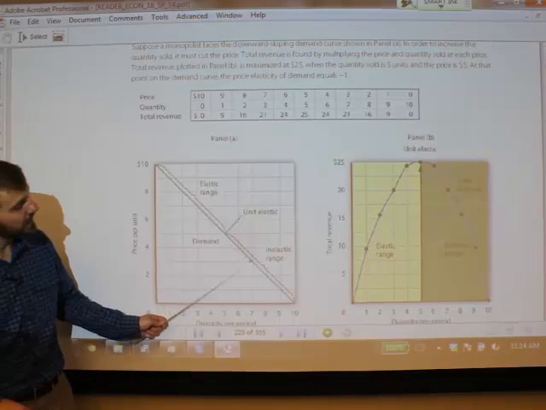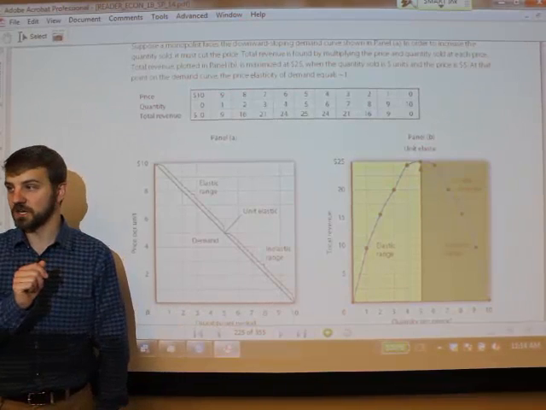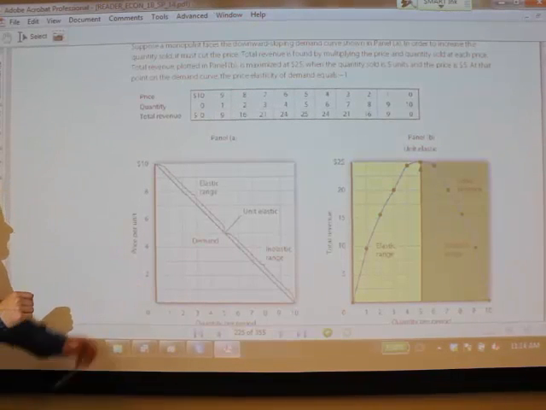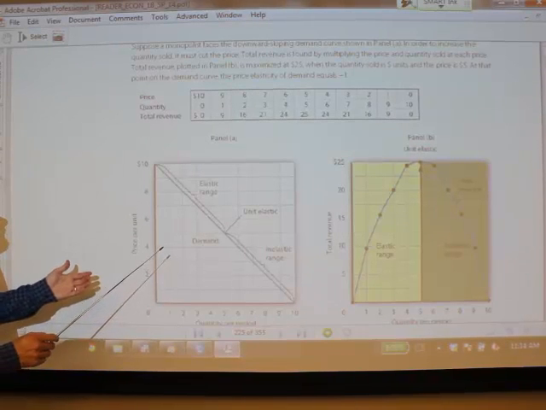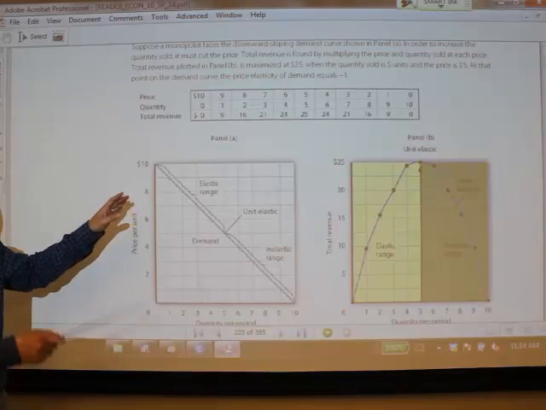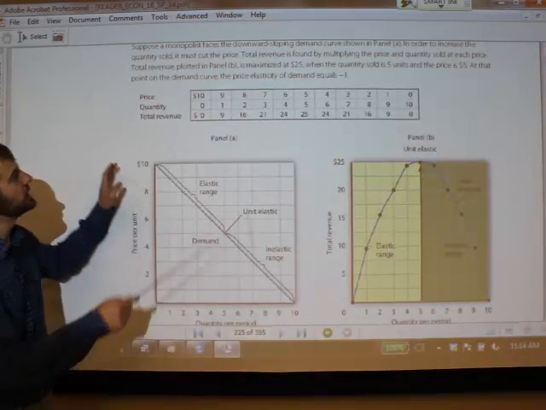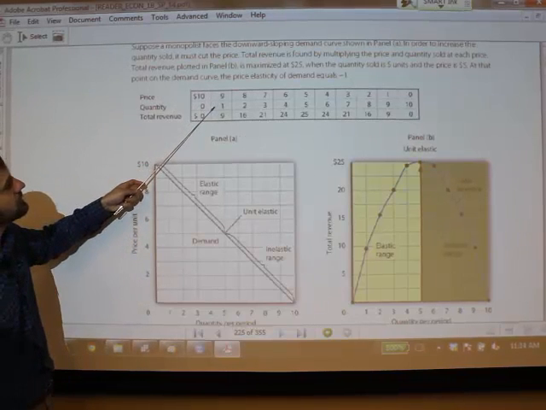Whereas on the right-hand portion of the curve, a 1% increase in price doesn't cause a big change in quantity demanded. So that's what we mean by inelastic. But what this figure is useful for is showing the relationship between the demand curve and where we're going, which is deriving the marginal revenue curve. So here we have price and quantity at various levels.